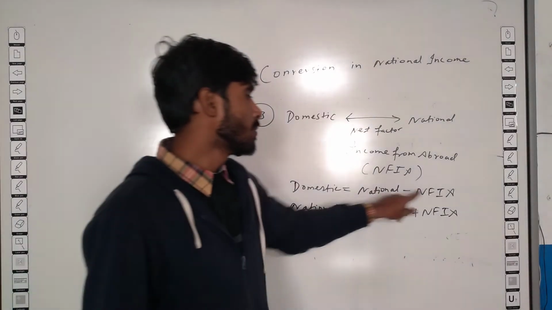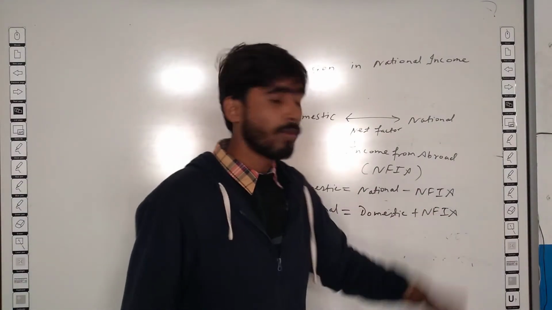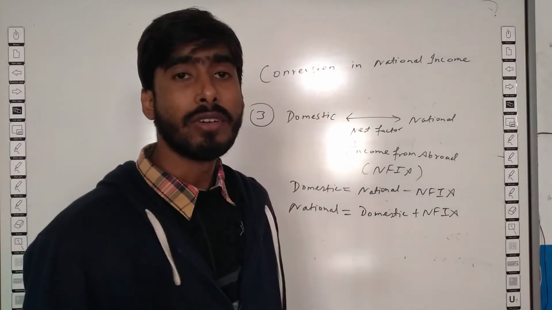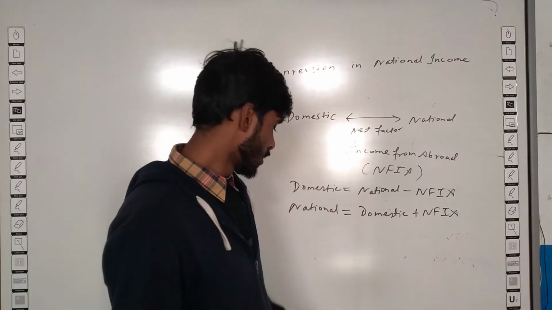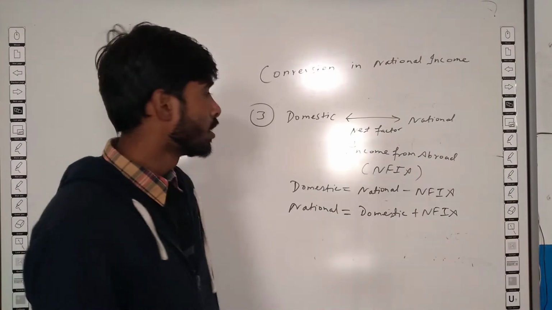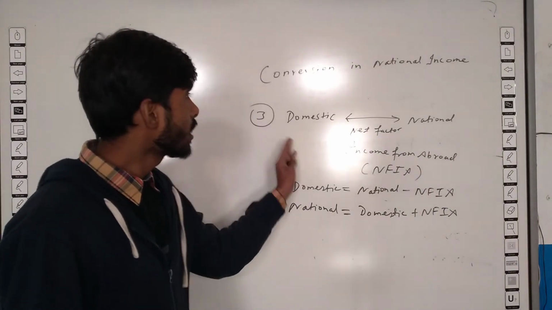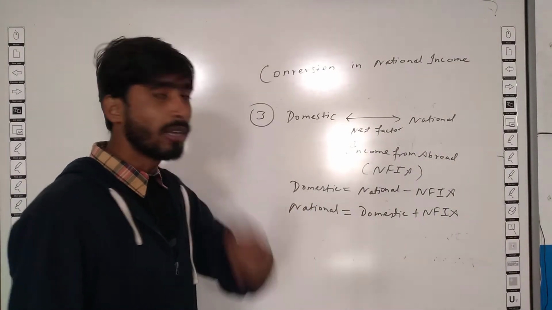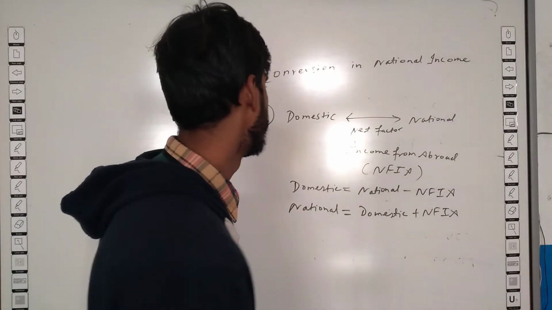Domestic is equal to national minus NFI and national is equal to domestic plus NFI. These are three conversions in national income, which will help you to create the formula. Now, how this conversion works in calculating the components of national income.